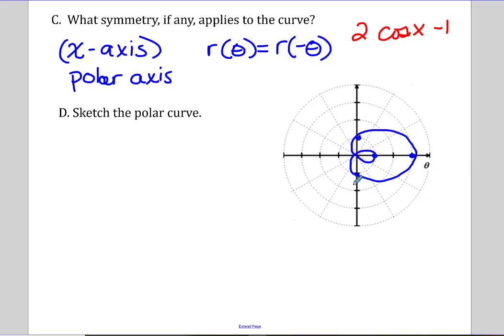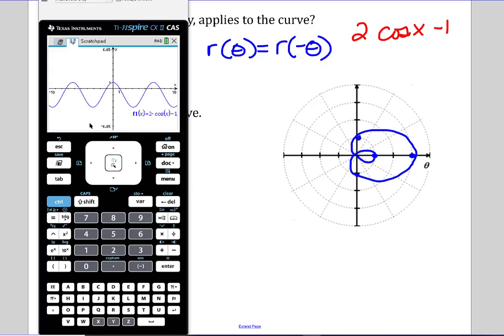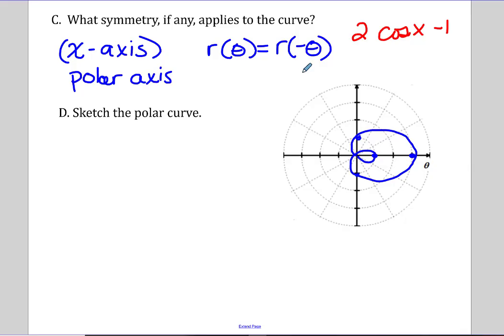So putting all of those things together, going back, we use the auxiliary graph to know where the inner loop was formed, and drew the sketch, knowing that this was negative 1 plus 2 cosine theta, in that format, where this is the A and this is the B, and it's a positive cosine, so it's centered on to the right.